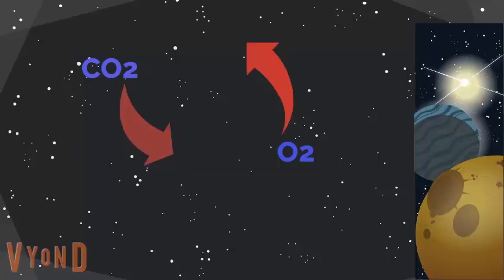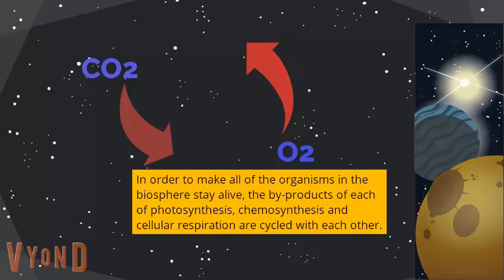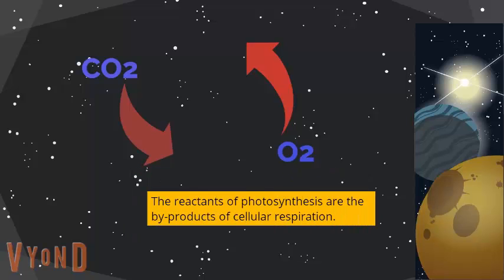How do photosynthesis and cellular respiration play in the carbon dioxide-oxygen cycle? In order to make all the organisms in the biosphere stay alive, the byproducts of each of photosynthesis, chemosynthesis, and cellular respiration are cycled with each other. The reactants of photosynthesis are the byproducts of cellular respiration.